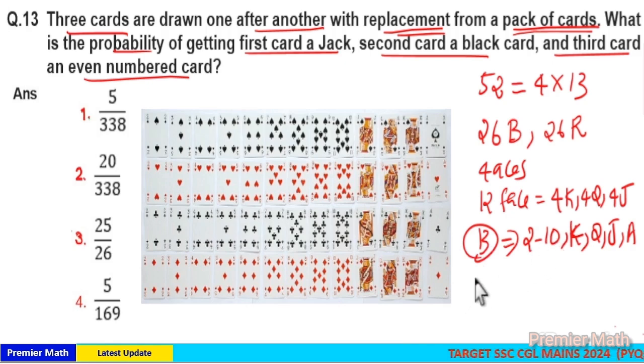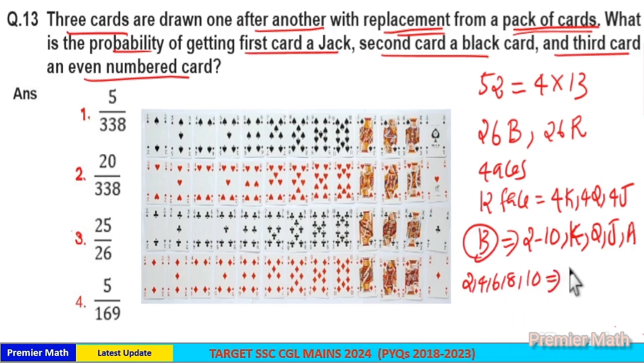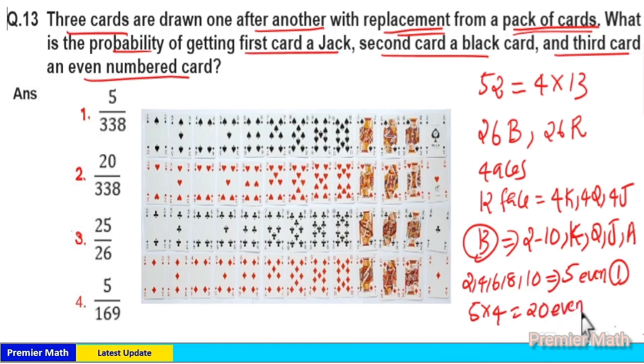Now 2 to 10 include 2, 4, 6, 8, 10 as even numbers. So there are 5 even numbers in one set, which means 5 into 4, 20 even numbers in 4 sets. That is 20 even numbers in 52 cards.